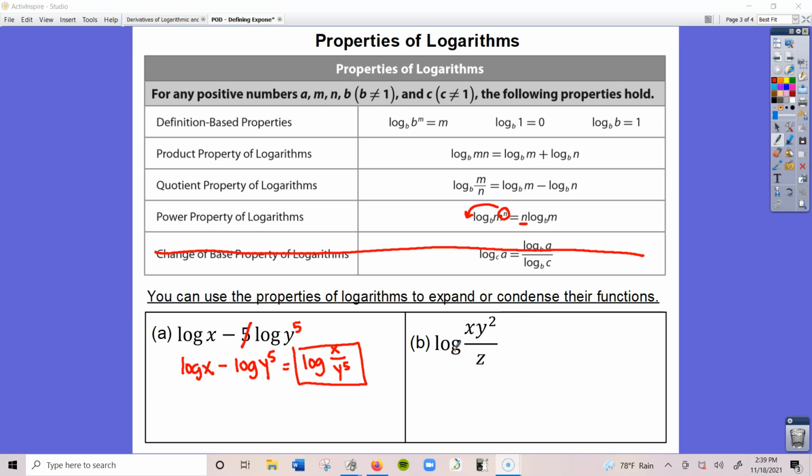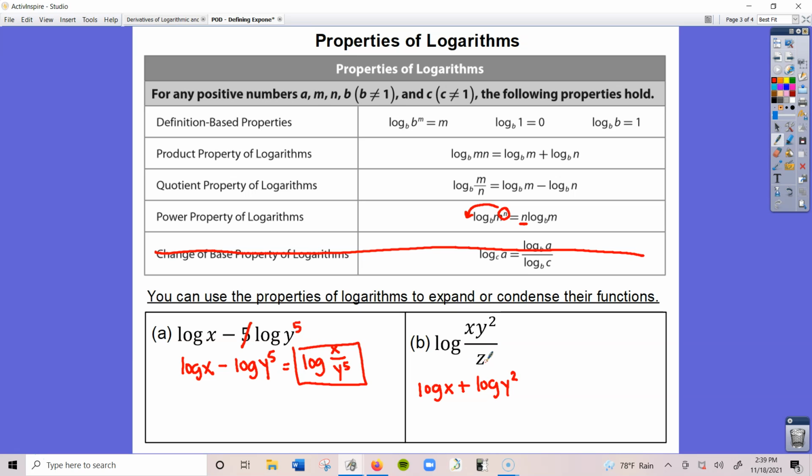Now here we have log of xy squared over z. This is condensed, and now we're going to expand. Everything that's in the numerator here is being multiplied, and since it's being multiplied, that is addition. So we would do log of x plus log of y squared.